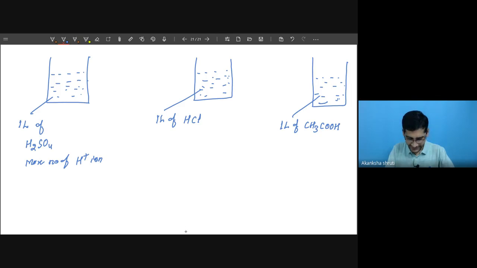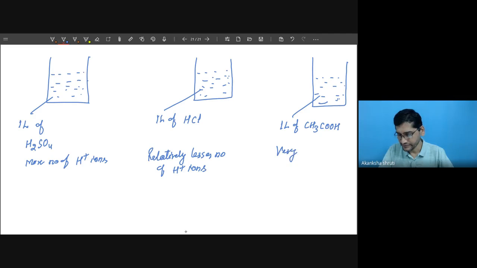This will give relatively lesser number of H plus ions, and this will give very less number of H plus ions.